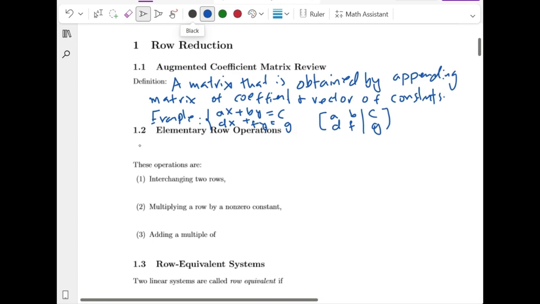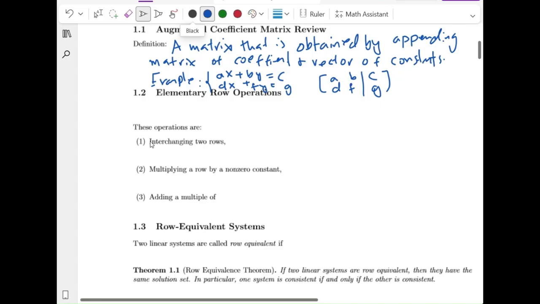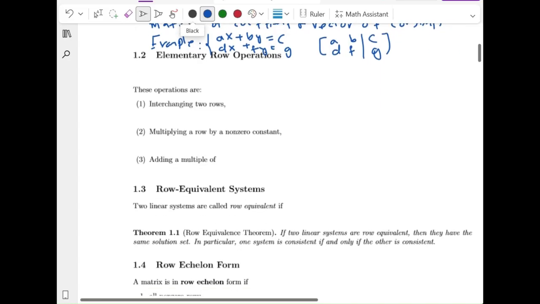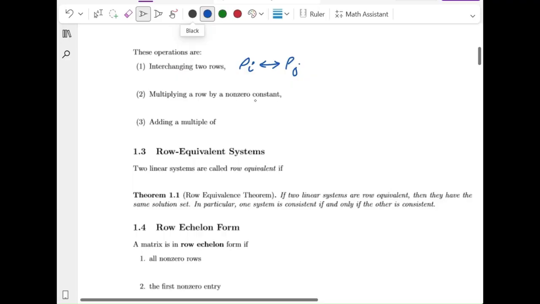So, elementary row operations. These are the elementary row operations. One is interchanging rows. Again, if you remember, this sounds like row swapping. So we can swap row i with row j. Or multiplying a row by a non-zero constant.